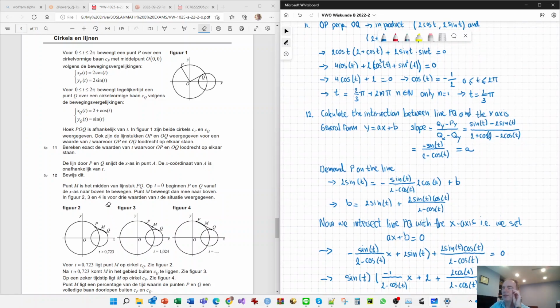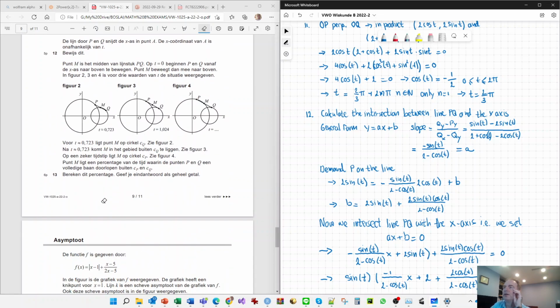Now you can have a point M right in the middle of P and Q. At t is 0, of course, point P will be here and point Q will be here, and they both start moving.